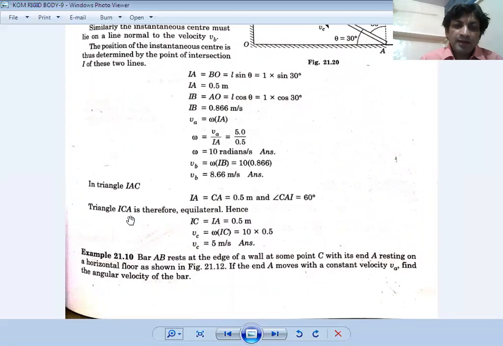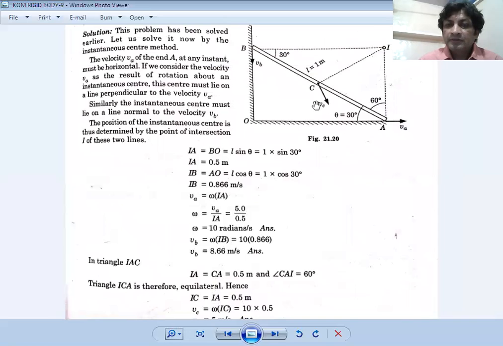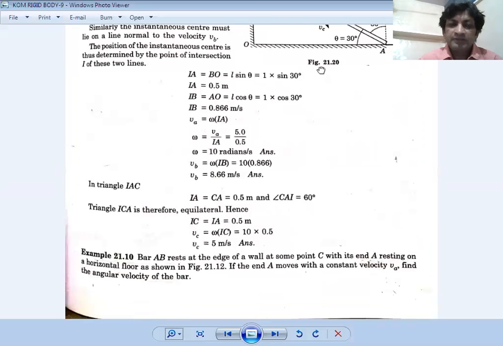Triangle ICA is therefore equilateral, so we get IC equal to IA equal to 0.5 meter. Now VC is equal to omega times IC. What is VC? VC is the velocity at point C, and we have got the value of IC, so we can calculate this VC value.